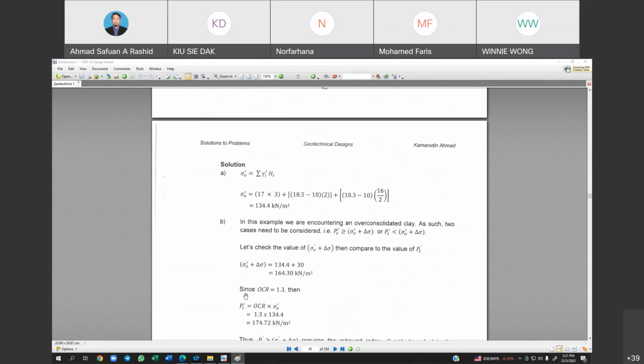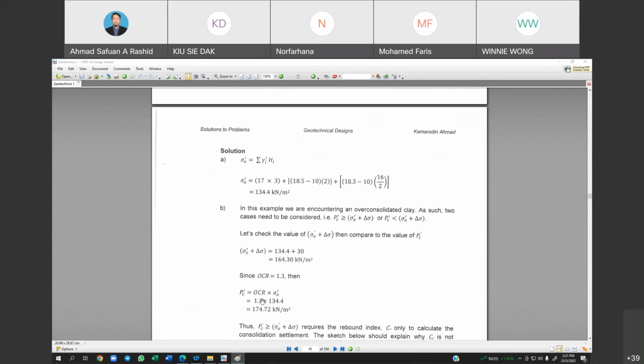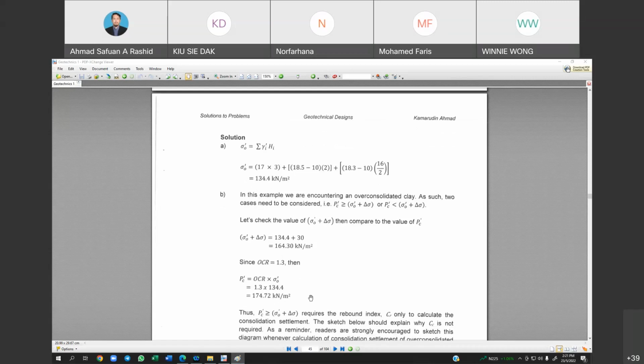Since OCR is equal to 1.3, we use the formula OCR equals PC over sigma naught. So 1.3 multiplied by 134.4 is 174.72, for the PC. Now we compare the value of the PC with the value of sigma naught plus delta sigma.